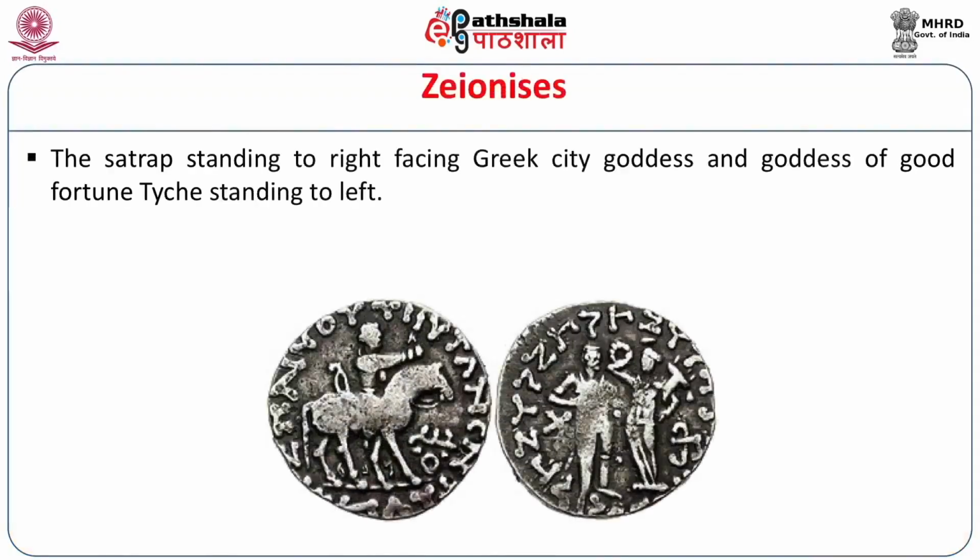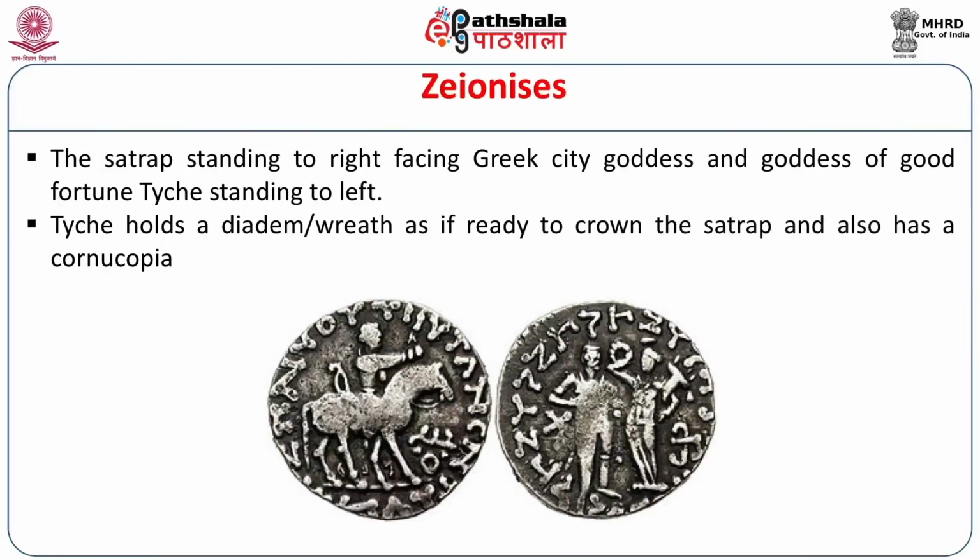The Gondopharian kingdom was quite vast, and it extended from Sistan to the northwestern part of the subcontinent, and what we find is that he probably gave a lot of room to the Kshatrapas, to the satraps who were ruling under him. Here this is a coin of a satrap standing to right, facing Greek city goddess, and goddess of good fortune Tyche is standing to the left.